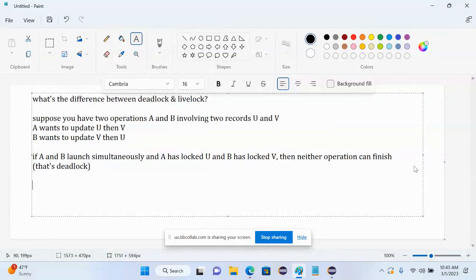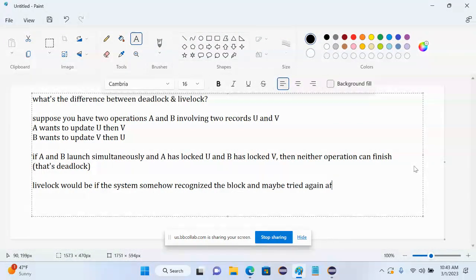Okay. The other thing, live lock would be if the system somehow recognized the block and maybe tried it again after a fixed delay, right? Which of course will not change the outcome, right? So if you had something like, well, the system's not available right now, fine.